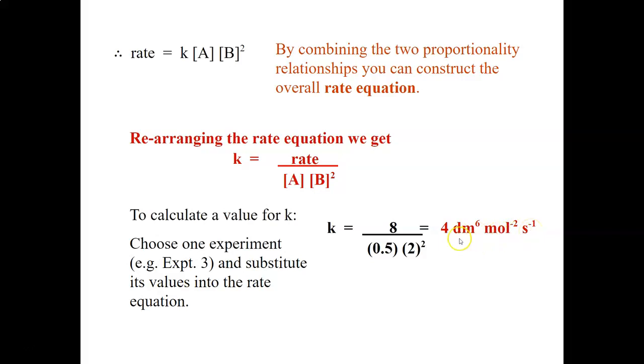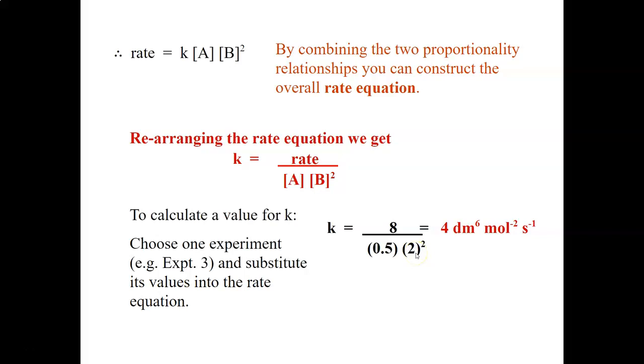I hear you say, well, you get the units for k in exactly the same way as we worked out the units for Kc. So the units on the top here are moles per decimeter cubed per second. But on the bottom, we've got moles per decimeter cubed and moles per decimeter cubed squared.